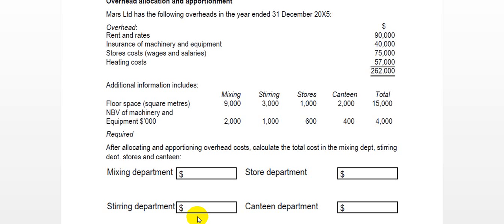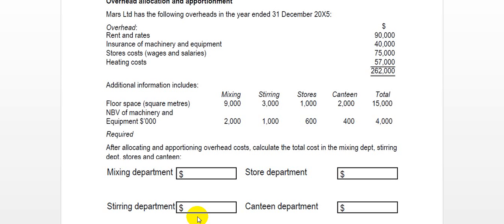Step 1 we said was what? Step 1, allocate and apportion. Step 1 we said is divided into 2, with the first one being to allocate the whole cost to a cost center.